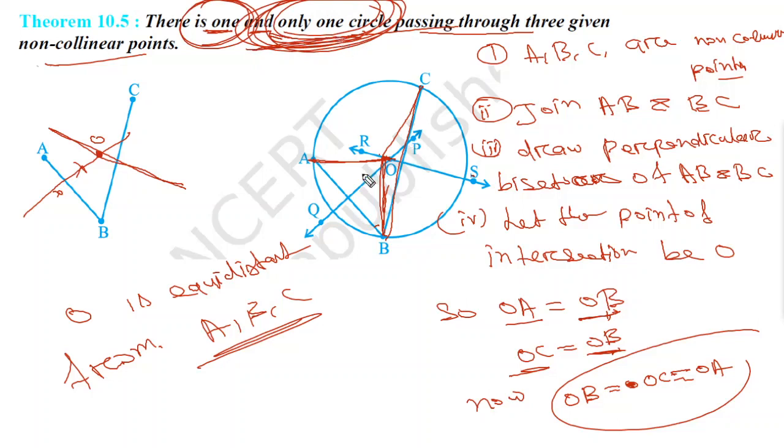Here you can see the perpendicular bisectors of two lines, that is AB and BC, are intersecting at one point. Can these two perpendicular bisectors intersect at 2 points? So you can write the statement. The perpendicular bisectors of AB and BC cannot intersect at more than one point.